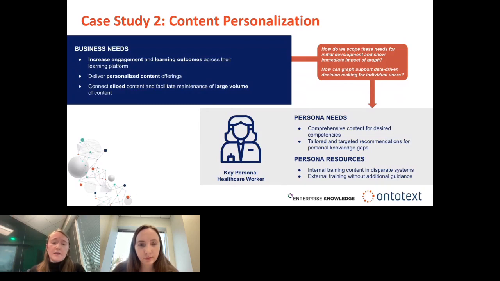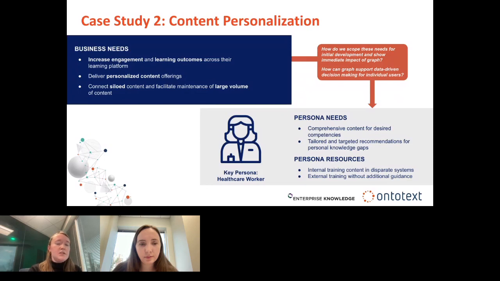And so their learning content was also hard to maintain and hard for content SMEs to manage, because it was quite difficult and time consuming for them to have to bundle together recommendations and content modules, if you will, to provide healthcare workers.